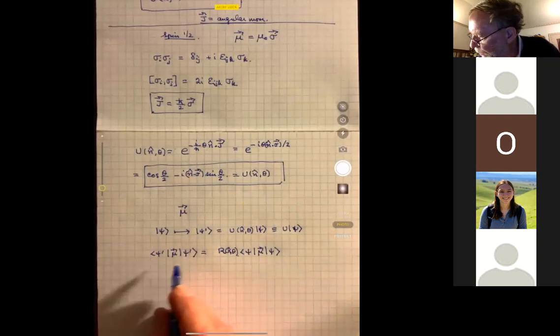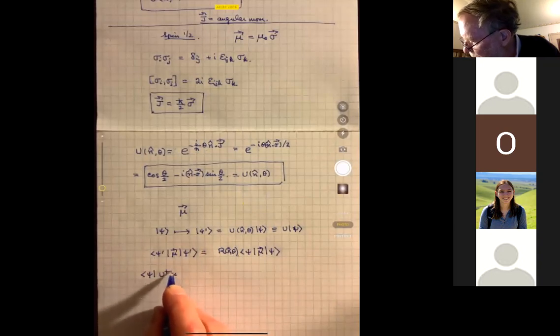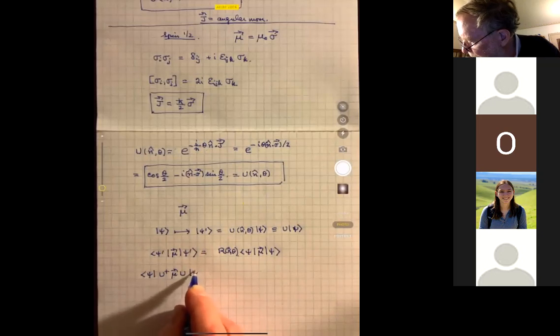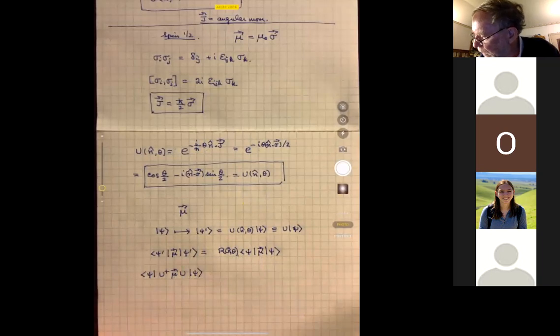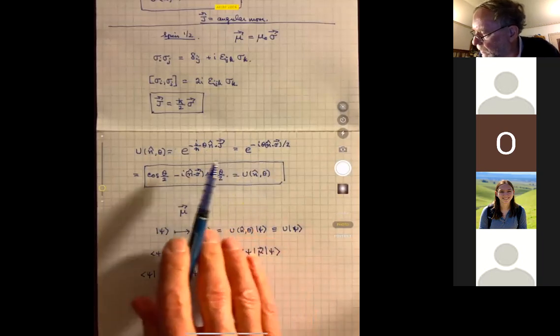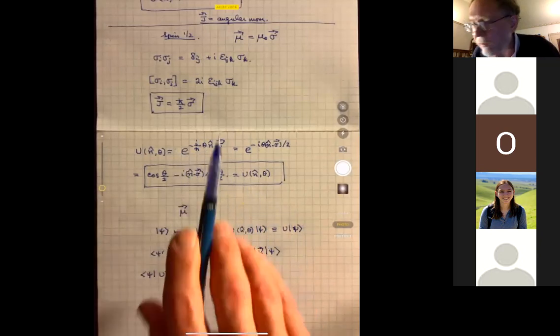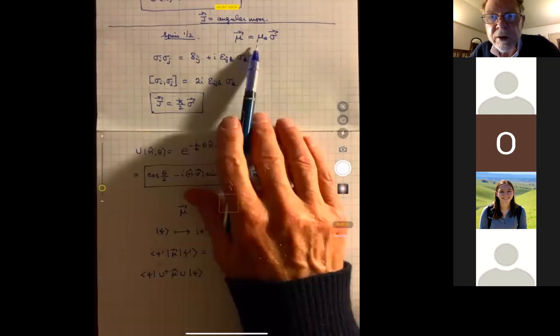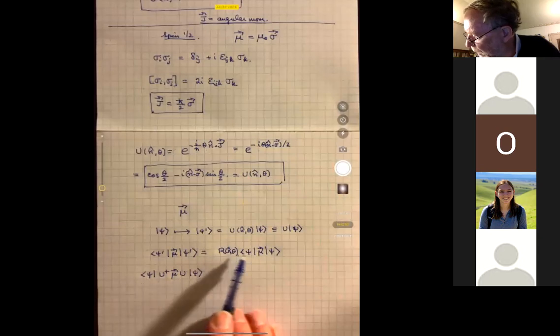On the other hand, the psi prime over here is equal to U psi, so the left-hand side can be written as psi, U dagger, mu, U, psi, equals R multiplying that expectation value on the right-hand side. Now, mu is proportional to sigma. It's up here. So if we just cancel the mu naught, we can replace the mu by sigmas here. We can also drop the psi's because psi is an arbitrary state.